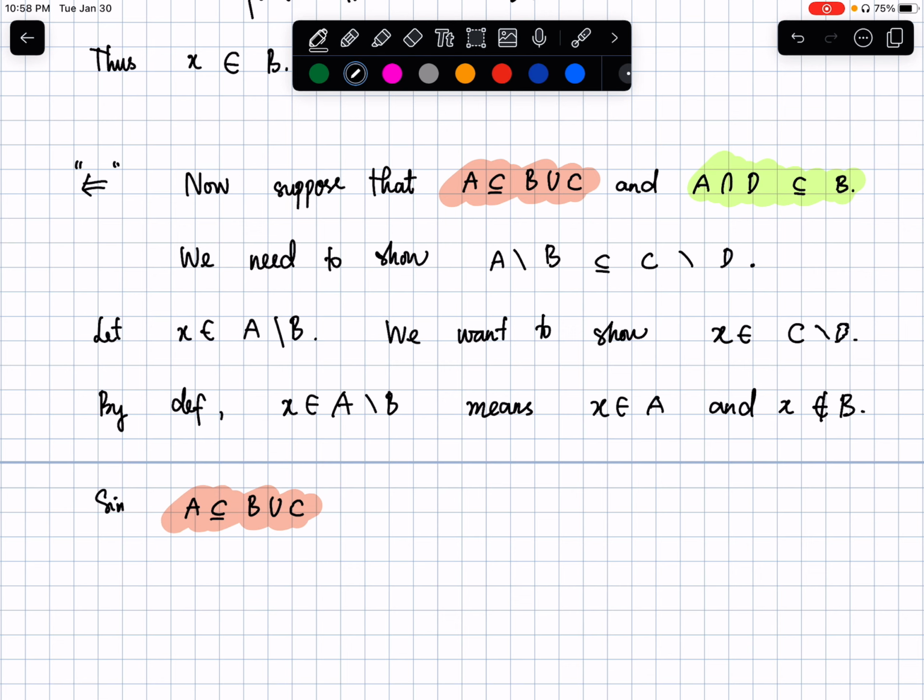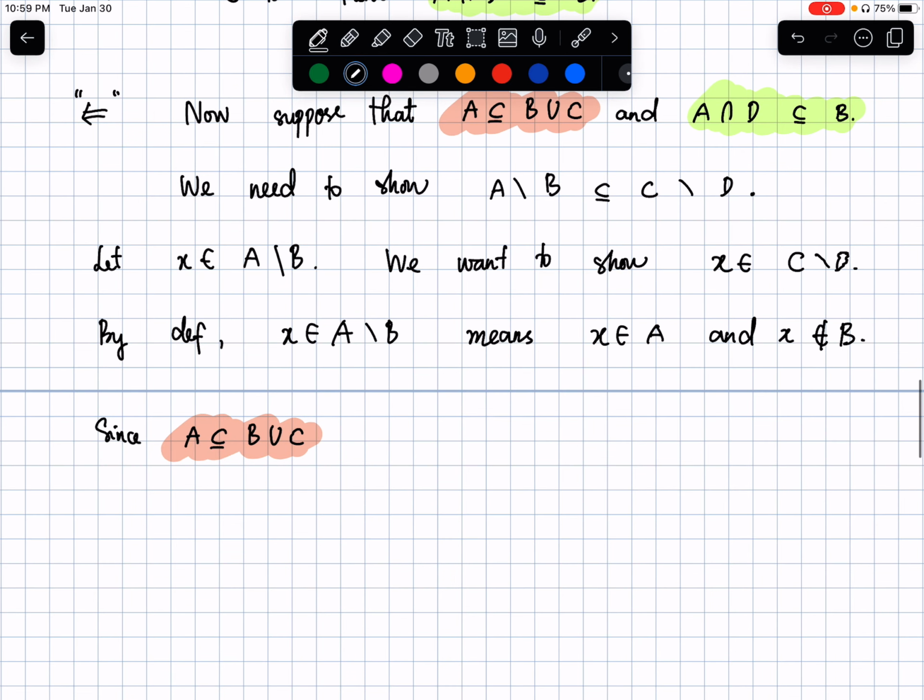Since A is a subset of B union C and x is an element of A, we must have x is an element of B union C. Does that make sense?